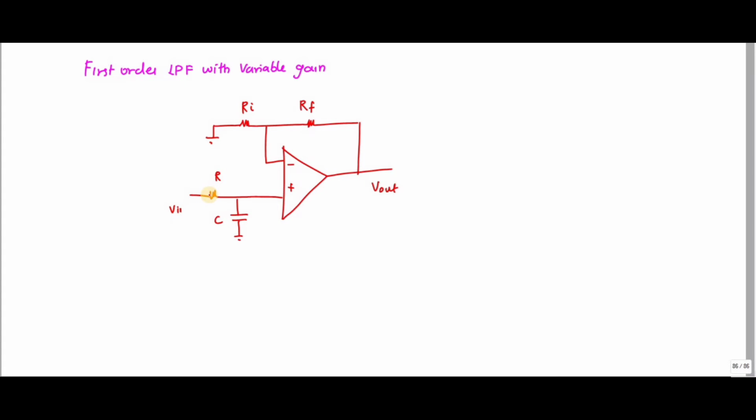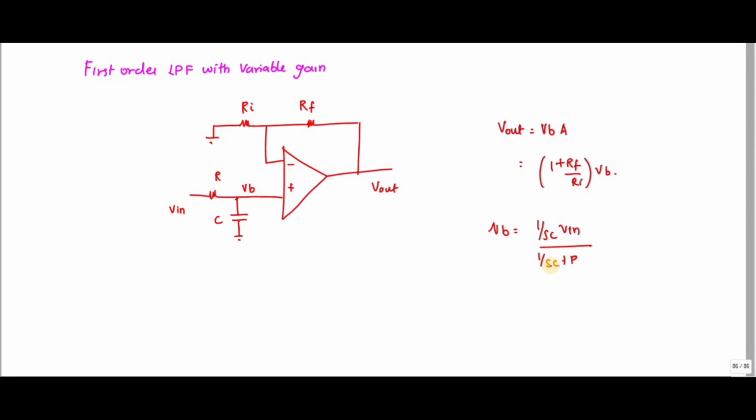Okay, so we know that this value is VB. V out is equal to VB into the gain, right? Since it is a non-inverting amplifier, I can write it as 1 plus RF divided by RI into VB, right? And we know what VB is. VB is equal to 1 divided by SC times V in, divided by 1 plus SC plus R, right?